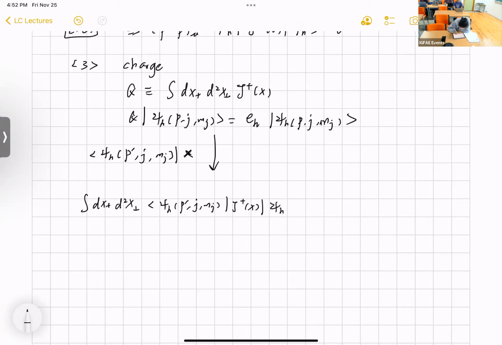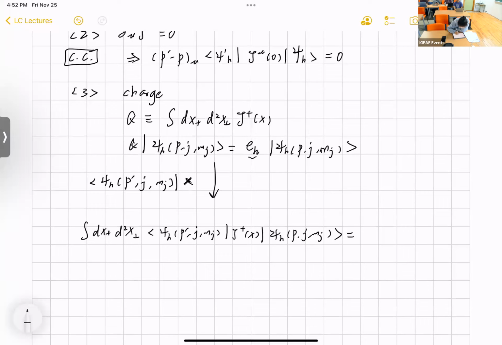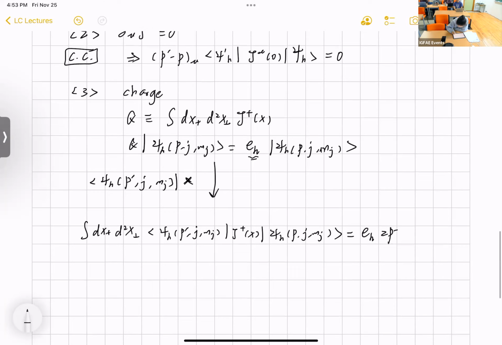And on the right-hand side, this EH is just a number, that's the charge of the state. And what I get is a normalization of the state.